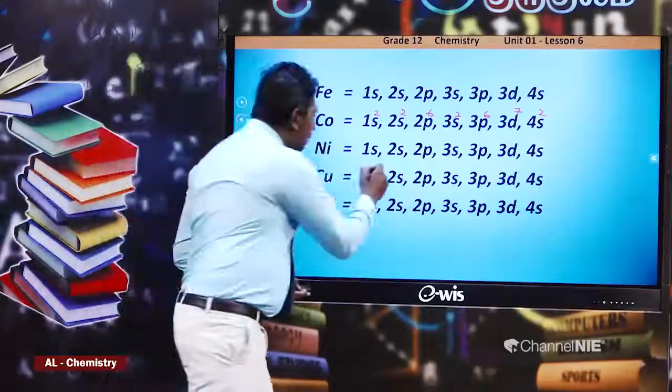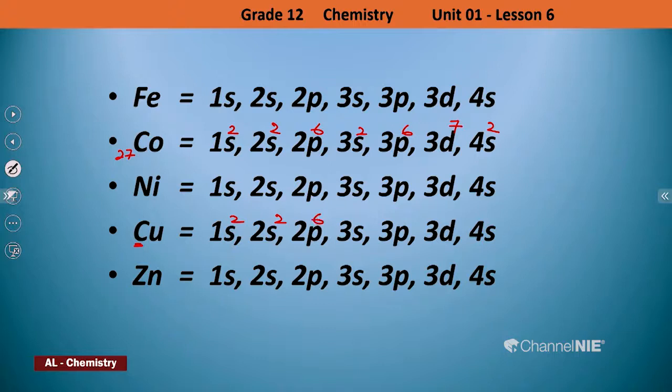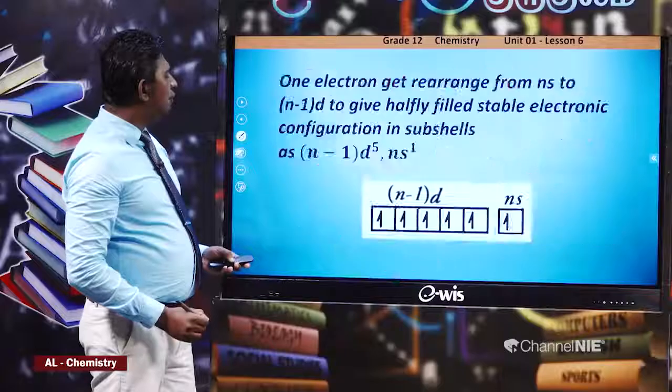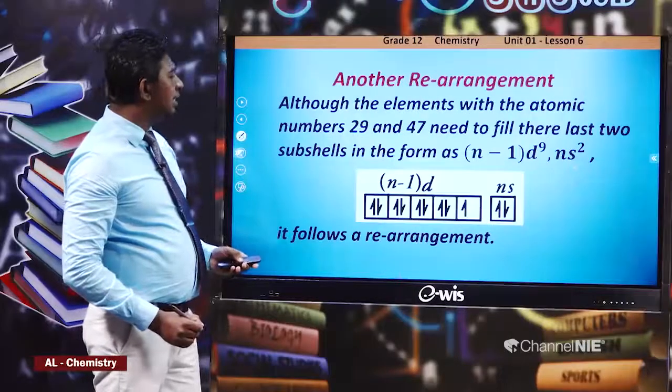So it's 1s2, 2s2, 2p6, 3s2, 3p6, that's 18. According to the Aufbau principle, it needs to be 4s2 and 3d9. But students, there we would find a stable electronic configuration.